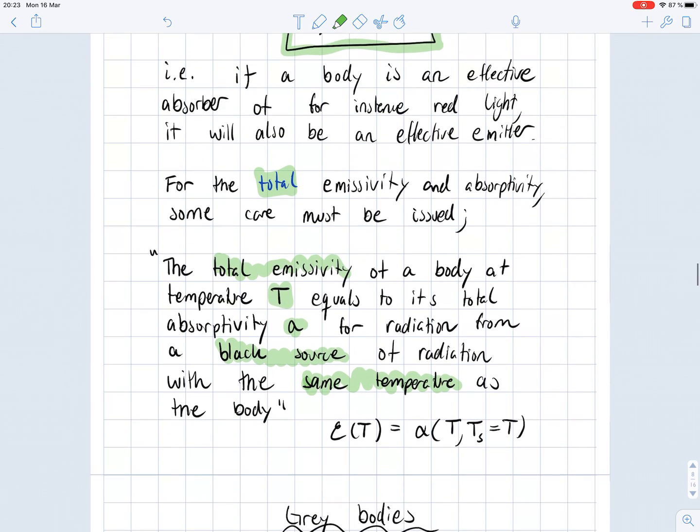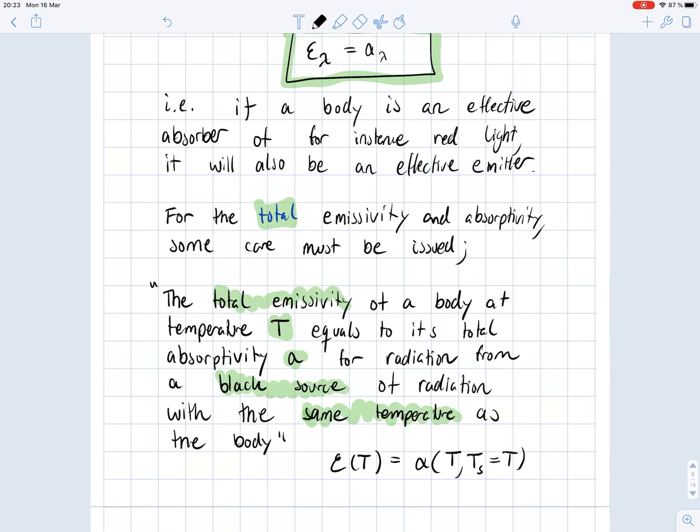That means that epsilon equals alpha, so the average ones equal each other, as long as the temperatures are the same. Also, the radiation has to come from a black source, as I mentioned. So this is, of course, a limitation that we have to make for this assumption to work.